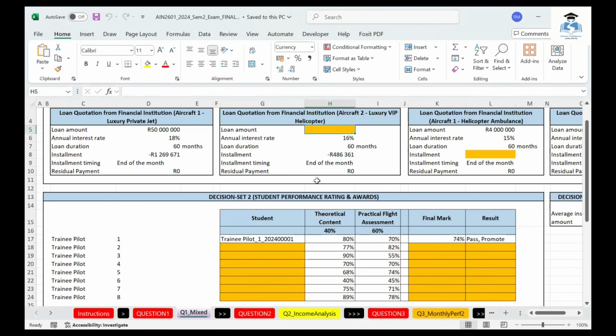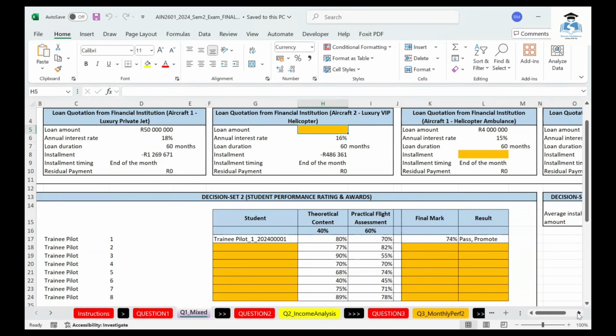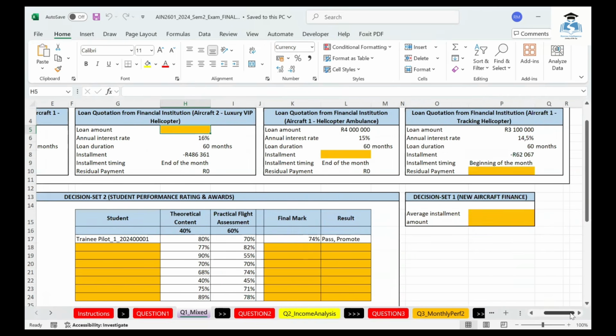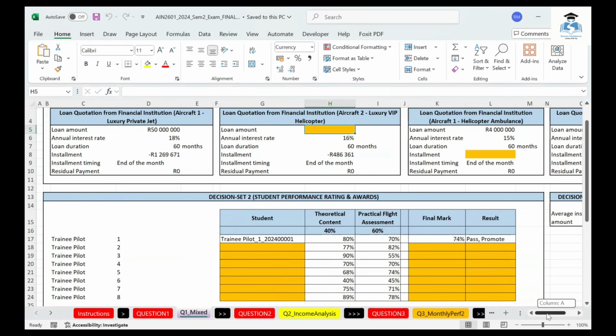How do you calculate the loan amount? Anyone to try, from what we did last time? Can I try? Yes, you can.